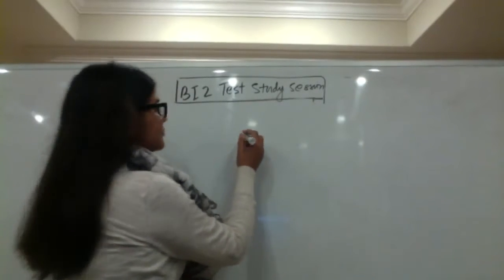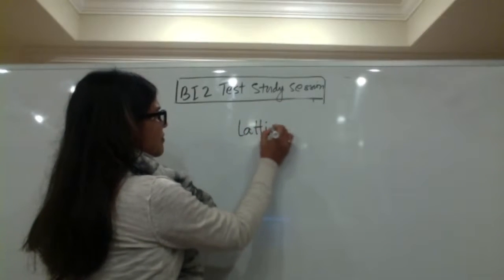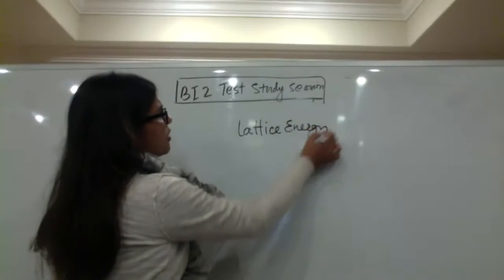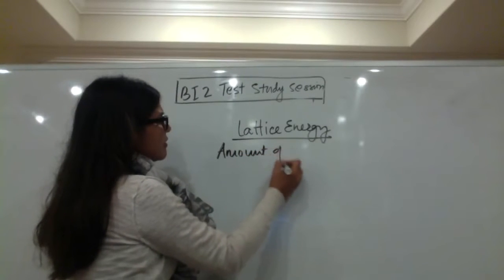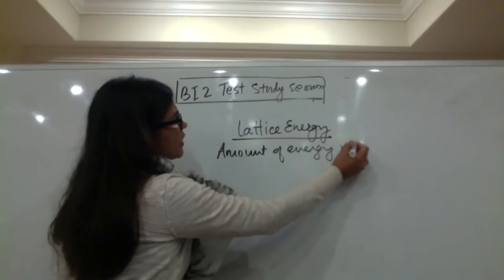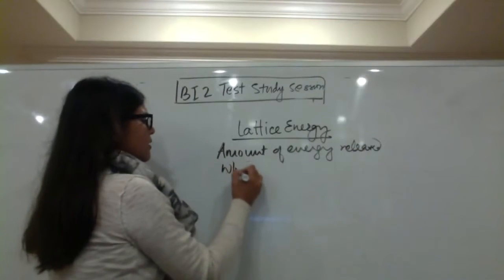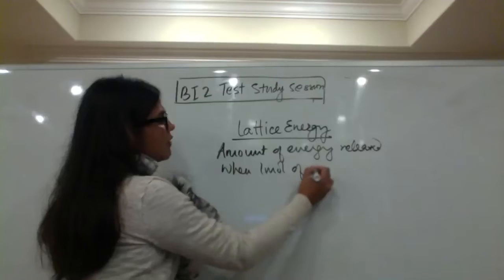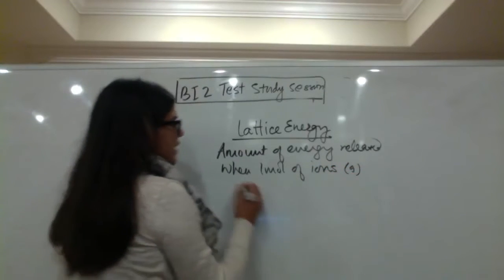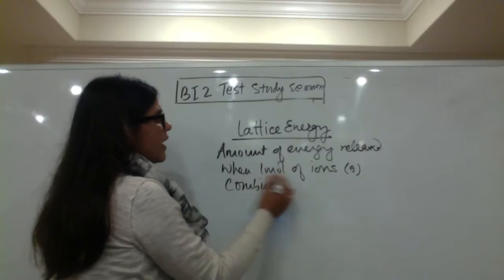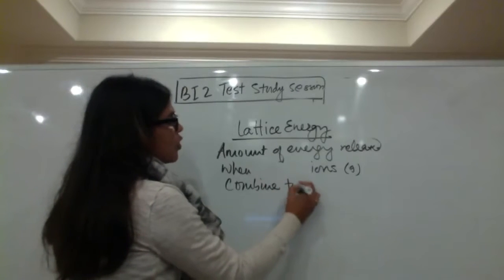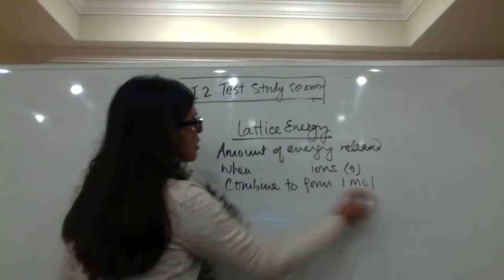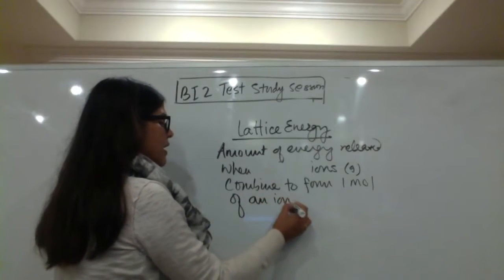Sure, Eric. Lattice Energy. So the technical definition of lattice energy is amount of energy released when 1 mole of ions in gaseous state combine, or when ions in gaseous state combine to form 1 mole of an ionic compound.